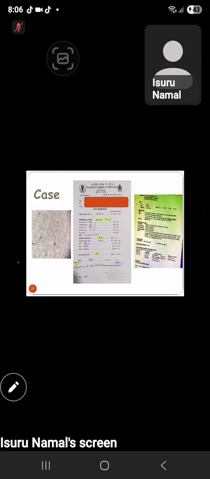Then I asked him to do the blast cell count because he has enough experience. Very nicely, he did the differential count and counted the blast cells. As you can see here, he counted blasts at 39%, and he directly suggested this may be AML, and suggested a blood picture.